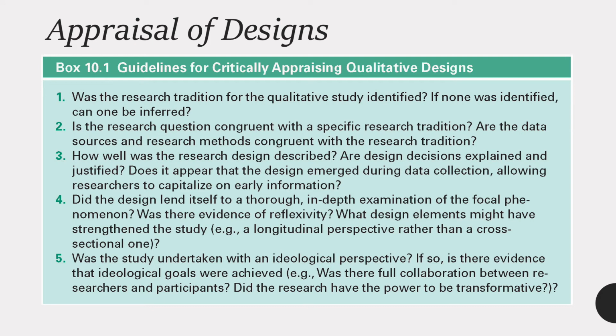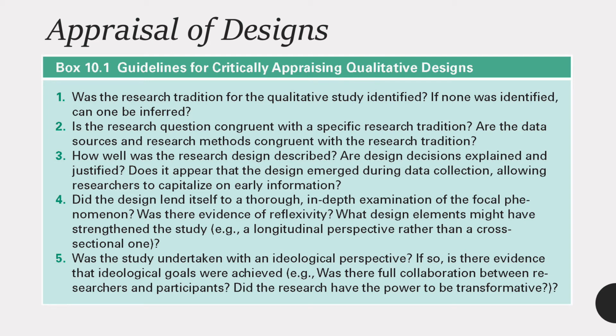There is also, in your textbook, Box 10.1, Guidelines for Critically Appraising Qualitative Design. When you're reviewing your articles, I highly suggest that you keep this table and the next table I'm going to show you with you. You want to be able to answer the questions.